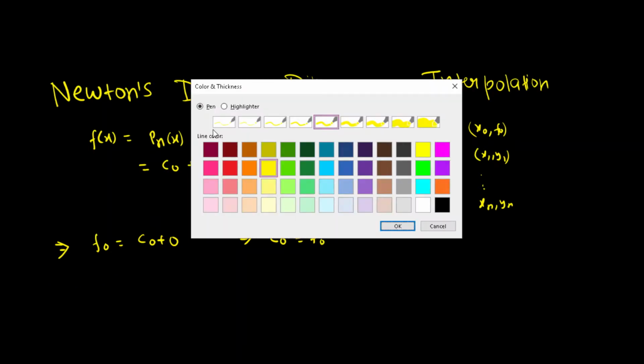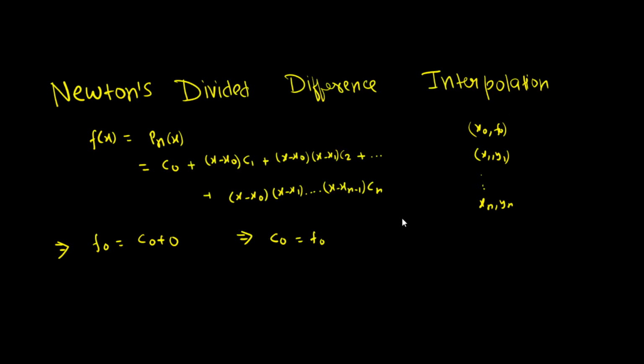And applying the second condition, when x is equal to x1, the corresponding value of f is f1. This means f1 is equal to c0 plus x1 minus x0 into c1, plus, when we put x equal to x1, this term will vanish, and correspondingly all higher terms will vanish, because all higher terms contain x minus x1, so they will be 0 again.